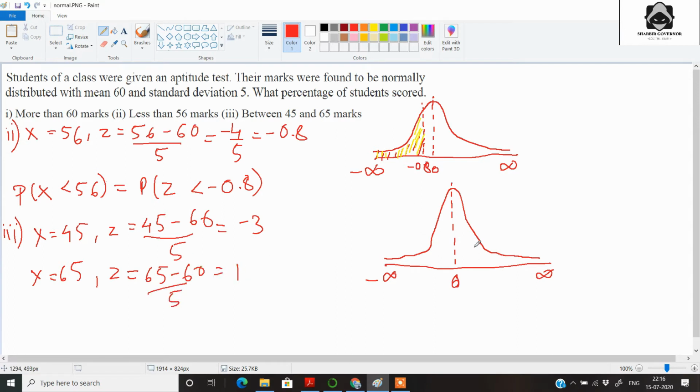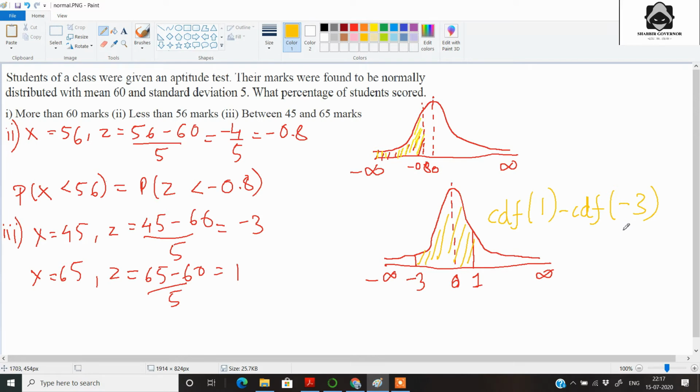So we have to find the probability between these 2 points, 1 and minus 3. We can say that this is the CDF up till the point 1 minus the CDF up till minus 3, which will give us the answer.